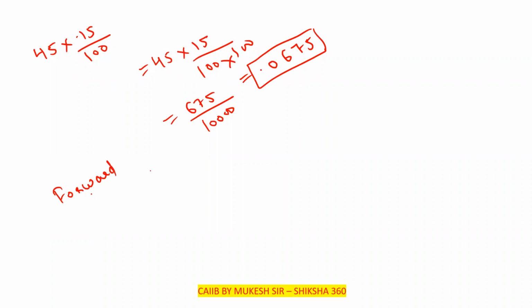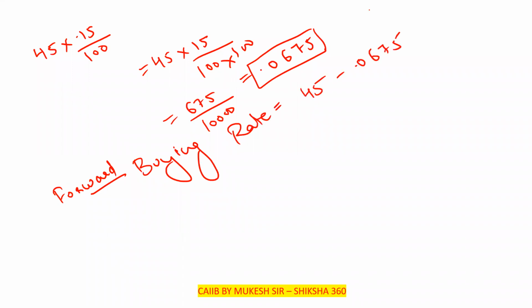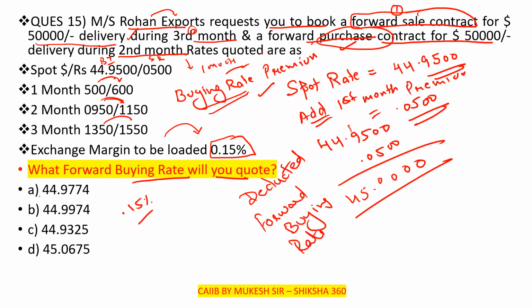We have to subtract that: 45 minus 0.0675 comes out to 44.9325. So what will be the answer? Option C will be the answer here, 44.9325.